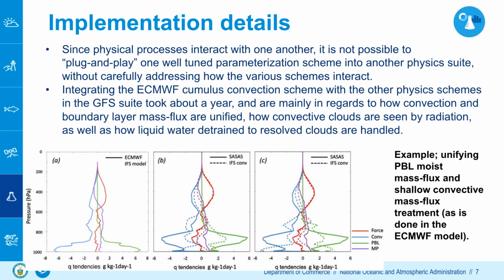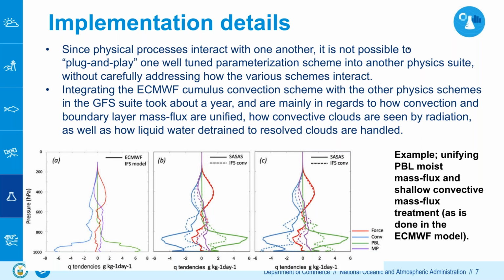So just to mention briefly some implementation details, since physical processes interact with one another, it's not possible to sort of plug and play one well-tuned parameterization scheme into another physics suite without carefully addressing how various schemes interact.